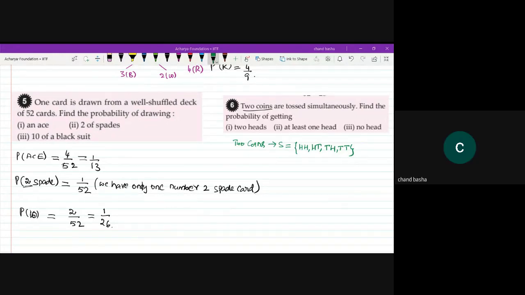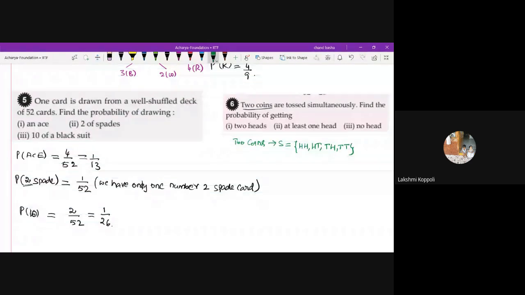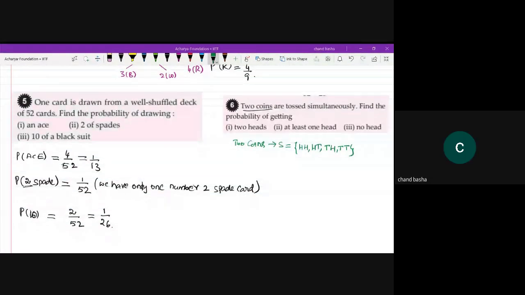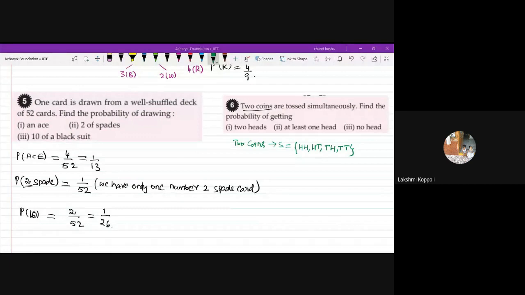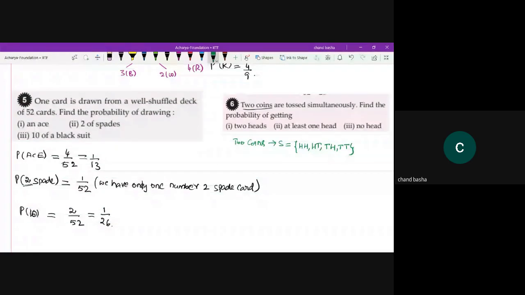Sir, second one can I tell? Girish, first point is clear. Yes, sir. Second point, I also completed, sir. Tell me the second point. 3 by 4, sir. Okay.